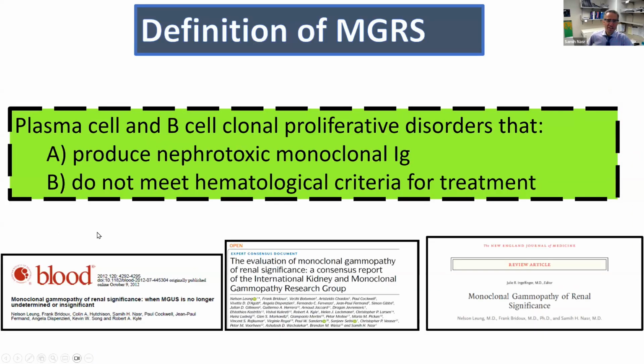So as you know, MGRS is defined by the IKMG as plasma cell and B cell clonal proliferative disorders that produce nephrotoxic monoclonal immunoglobulin and do not meet hematologic criteria for specific therapy.